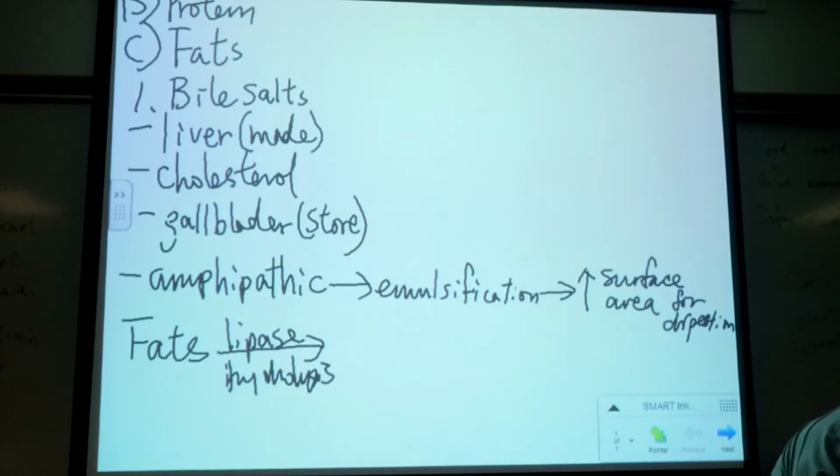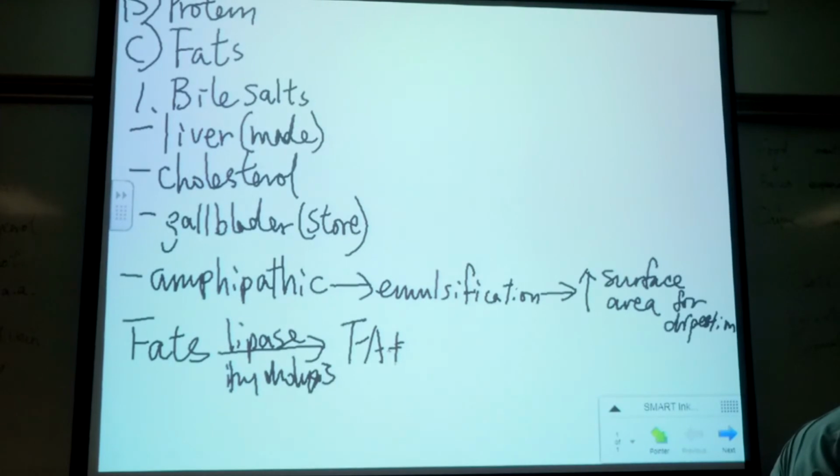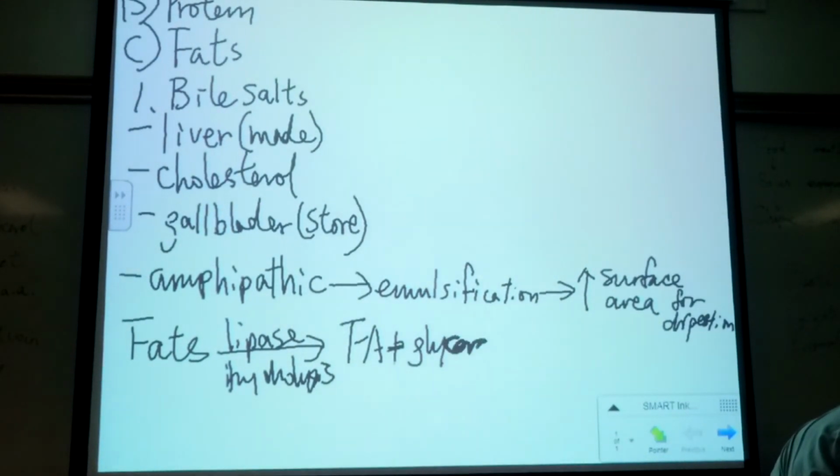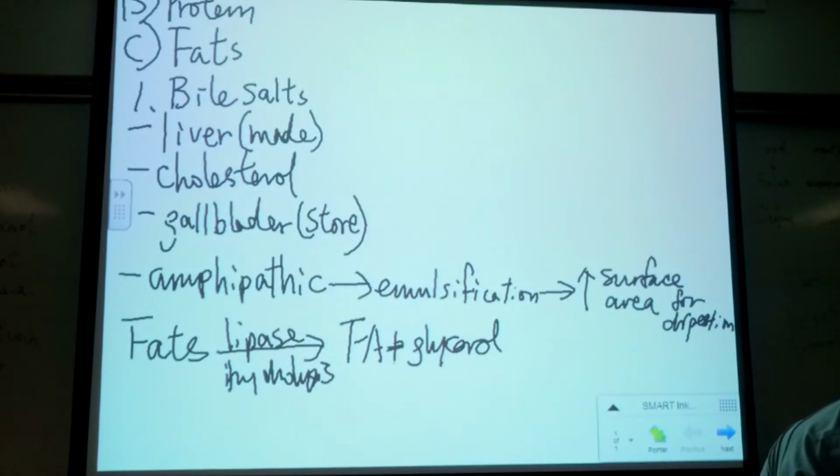And then you have a fatty acid and glycerol. And then bile salt.